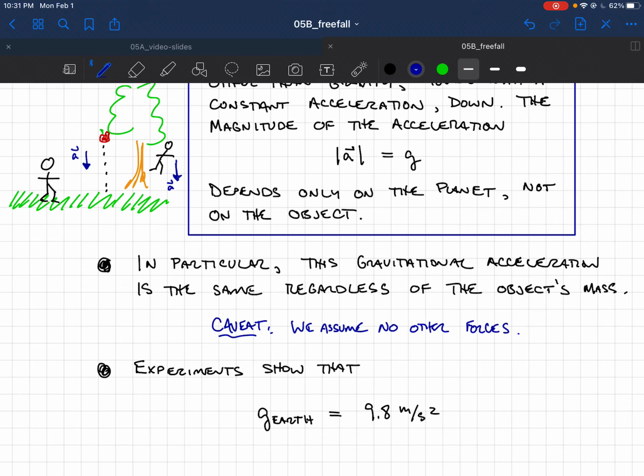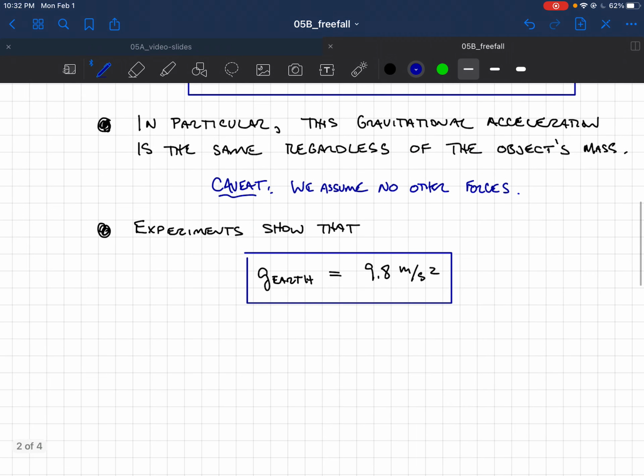So on Earth, we can make a measurement of that acceleration. We'll show some ways in a moment how you can do that. You could time a falling object. And it turns out that the value of g for Earth is 9.8 meters per second squared. So what does that mean?